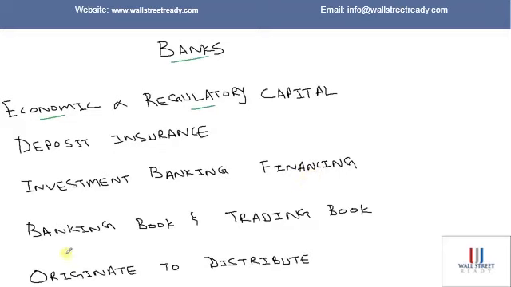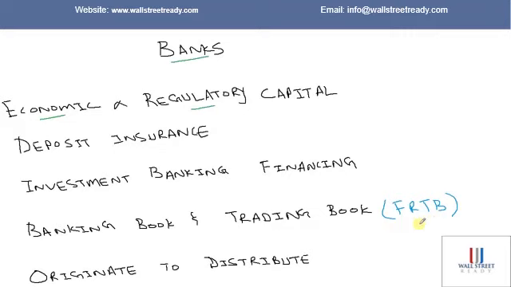Banking book, trading book. Banking book, trading book in FRM Part 1 doesn't cover a lot, but it is quite an interesting topic. It's part of FRTB, Fundamental Review of the Trading Book. You will learn a bit more in FRM Part 2, and it has a lot of practical implication.